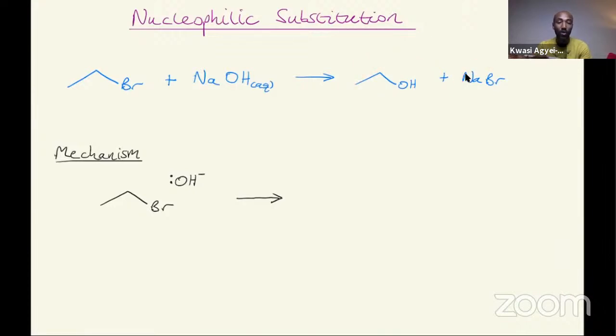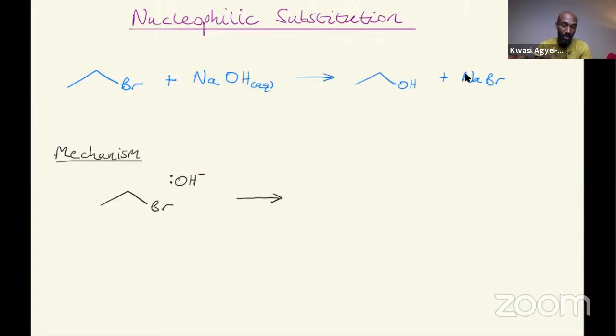Now, how does this product form? Clearly, there must be a bond formed between an OH minus ion from your sodium hydroxide, and as we can see, there's no Br in our product, so this bond here must be broken. So why should this OH minus ion form a bond to the carbon that has a bond to the bromine atom?